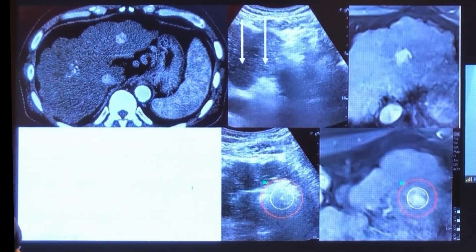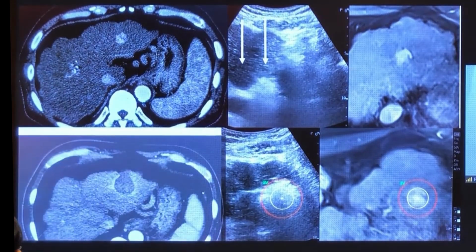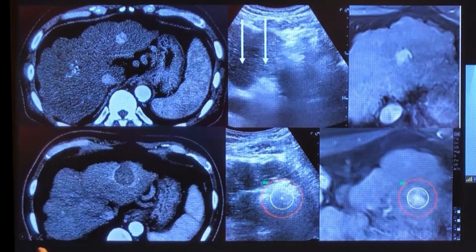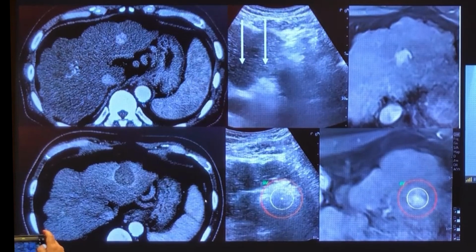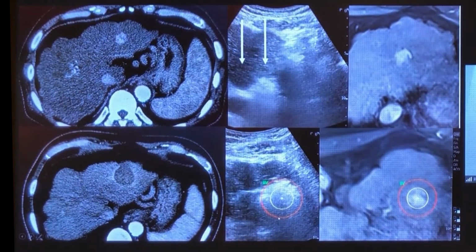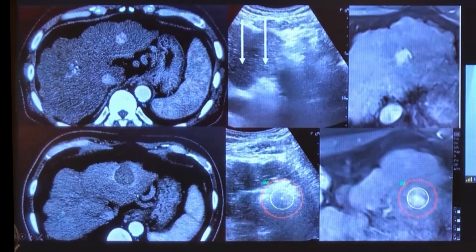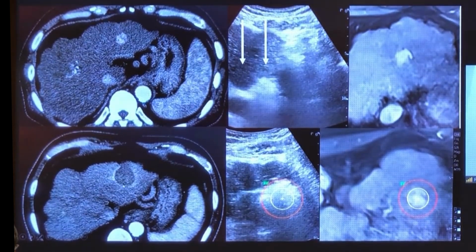But this was the result. As you can see, the ablation volume is not bad, very similar to a perfect circle, but the ablation location formed a little bit anteriorly. That means the posterior ablative margin is not ideal.